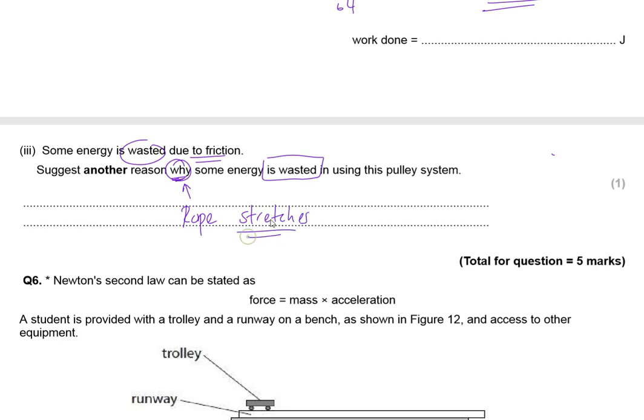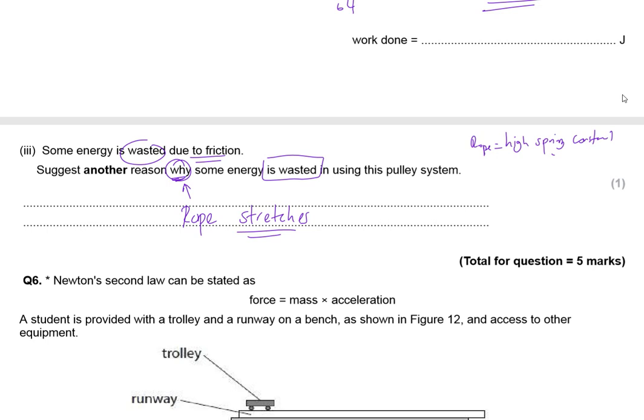Because of Hooke's law. The rope has a high spring constant. It means very stiff. When both sides are applying force on it, it's going to take a great amount of force to extend it.